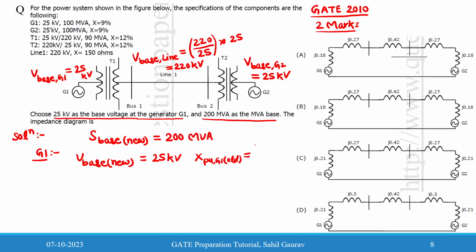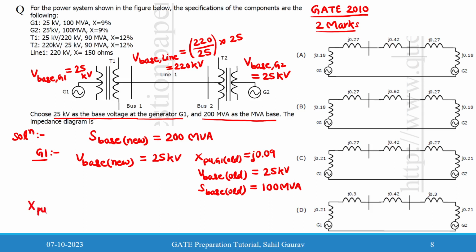The older value for this base quantity is given as j0.09, and V base old is 25 kV. It is the same, it does not change. S base old is 100 MVA, so it has changed for the newer base value. So overall this per unit value will change.